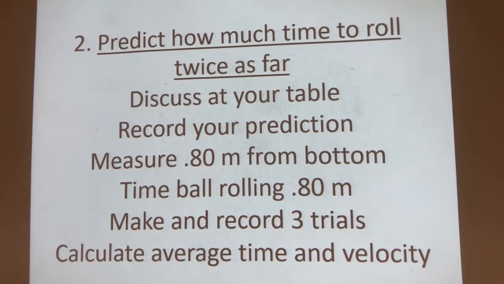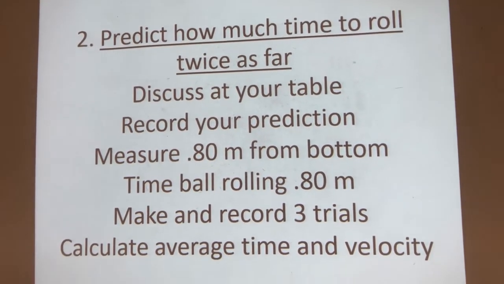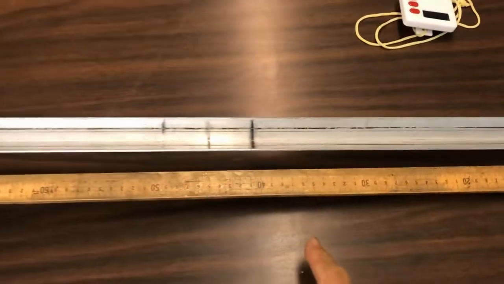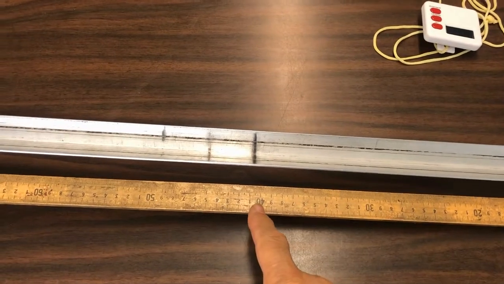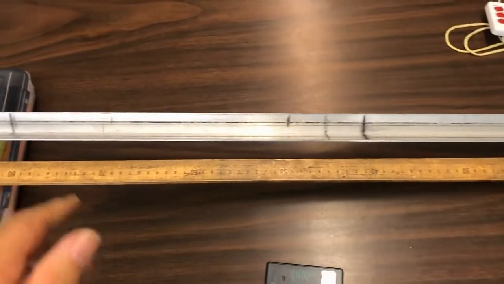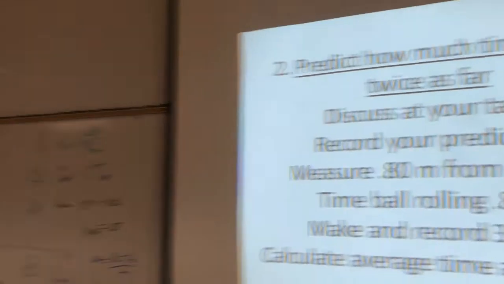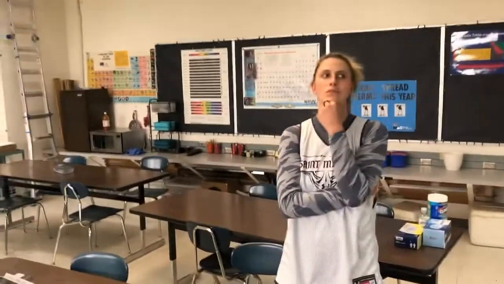Predict how much time it will take to roll twice as far. Okay, let's do it. So instead of starting at 40 centimeters, 0.4 meters, we're going to start twice as far, up at 0.8. So what does predict mean? I want you to make a guess, an educated guess here, based on what we just figured out.